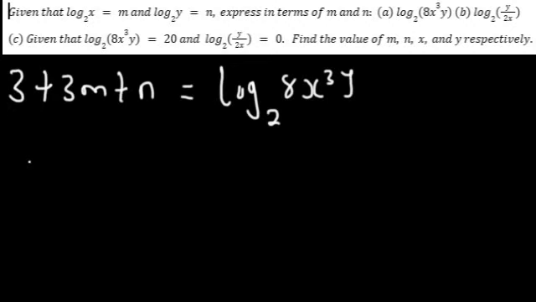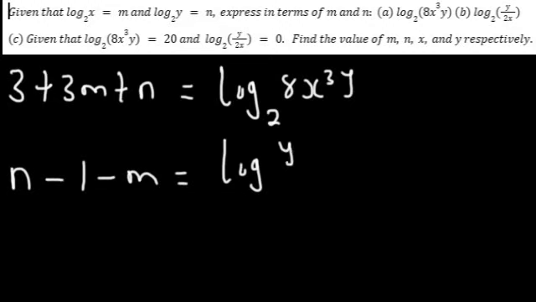At the same time, for the second problem we solved, which is part B, we said we have n minus 1 minus m as our final solution, and we said it is equal to the simplification of log of y all over 2x to the base of 2 in terms of m and n.